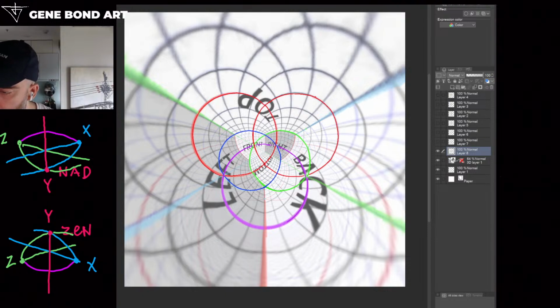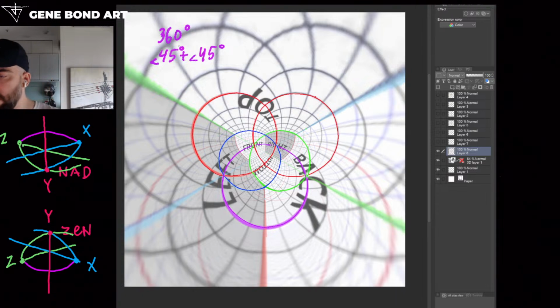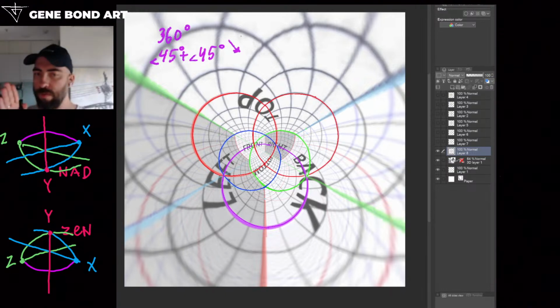It's like the center line of the cube sides. So this is our 360 camera, with 45 plus 45 angle. Looking down. So it's looking down 45 and rotated to the right 45.